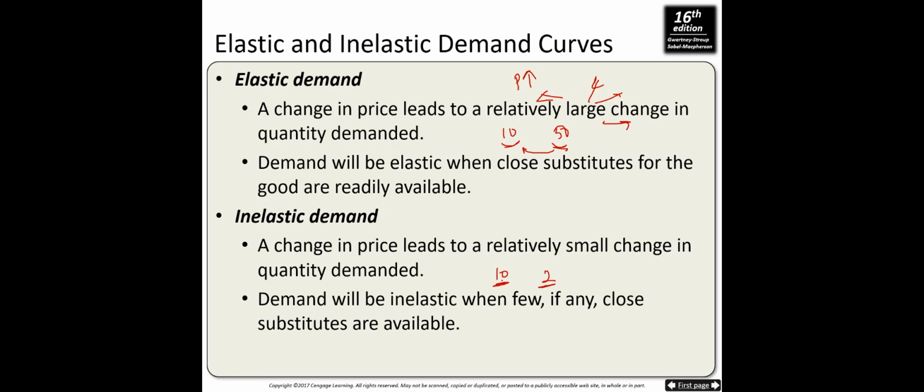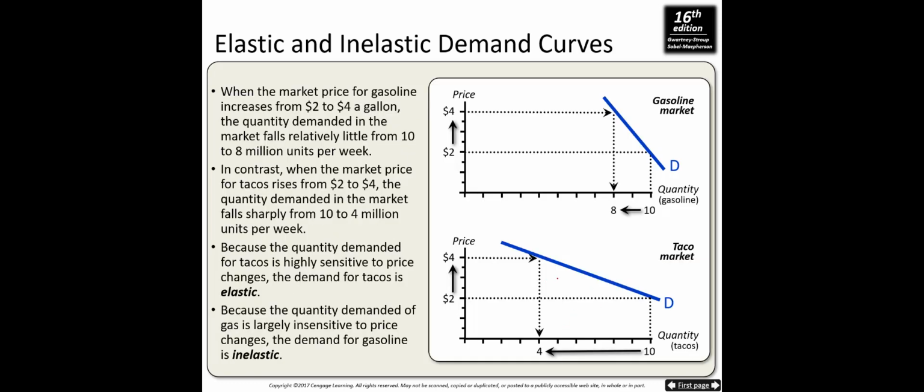Compare the magnitudes, 10% to 2%. Demand will be inelastic when few, if any, close substitutes are available. A good example is insulin. The price of insulin increases, but quantity demanded decreases not at all or very little, because you have to use insulin for your survival. Therefore quantity demanded is very inelastic, very insensitive to price changes.